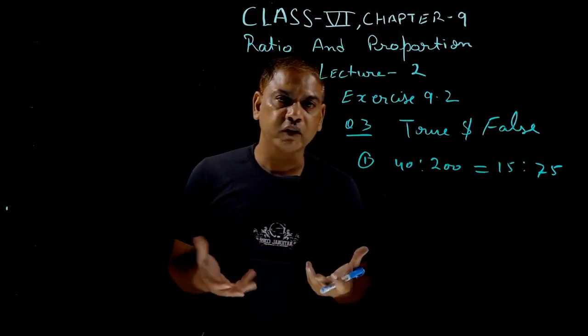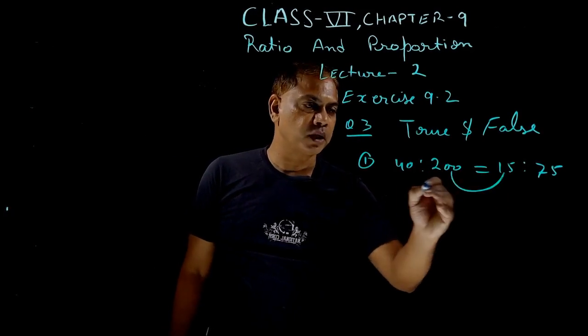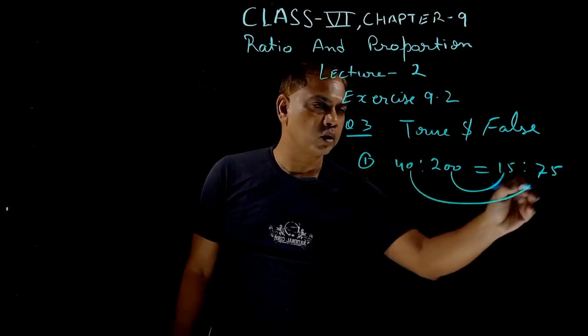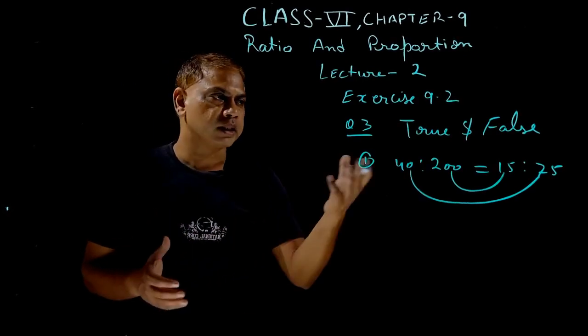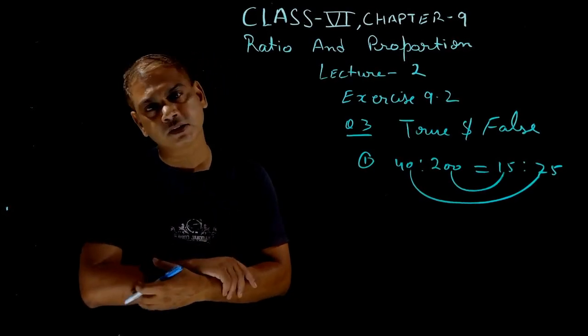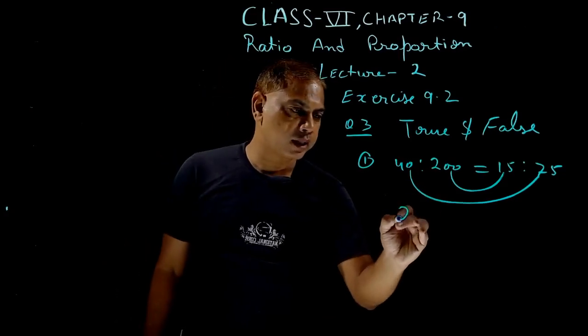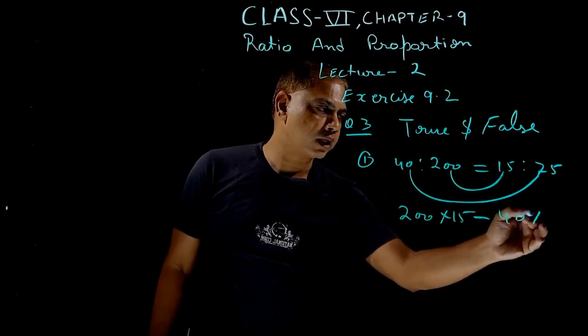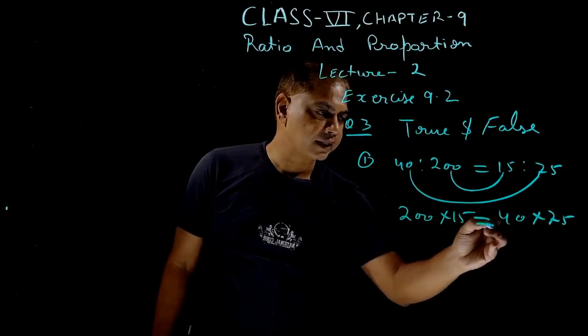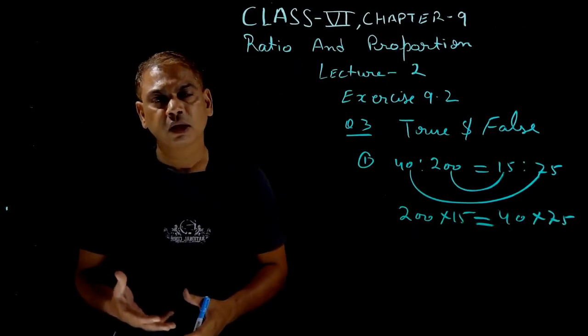So how will we check? If POM is equal to POE, then we can say that the statement is true, otherwise it is false, right? So 200 into 15 is equal to 40 into 75. If this is equal, student, then it is true, otherwise it is false.